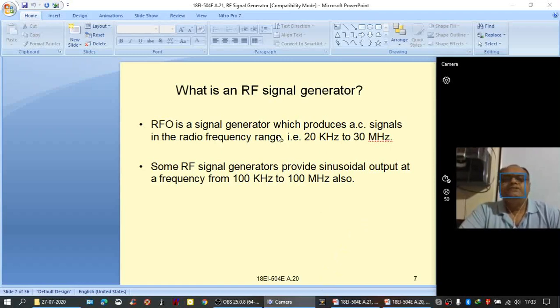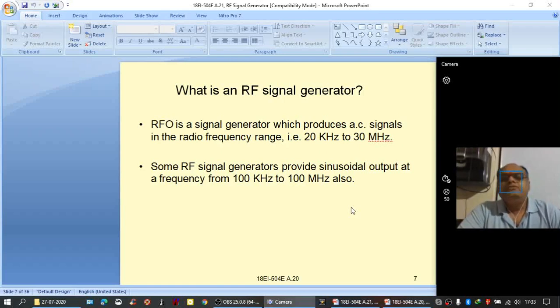So as per definition, an RF signal generator is one which produces signals from 20 kilohertz to 30 megahertz. Whereas in practice, RF signal generators produce signals, particularly sinusoidal signals, from 100 kilohertz to 100 megahertz.